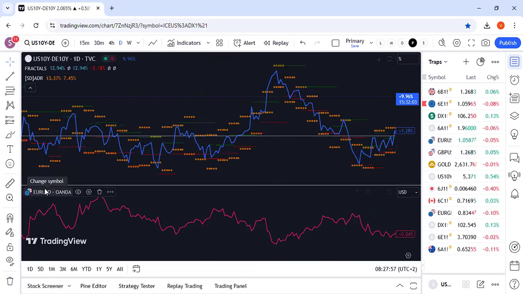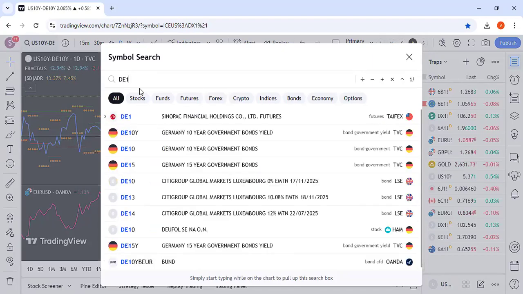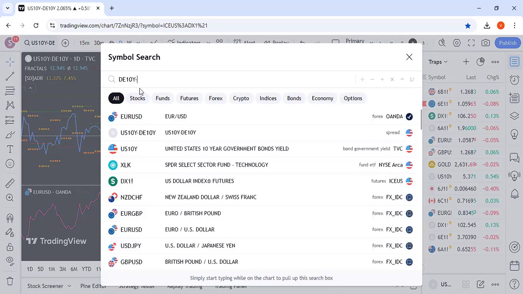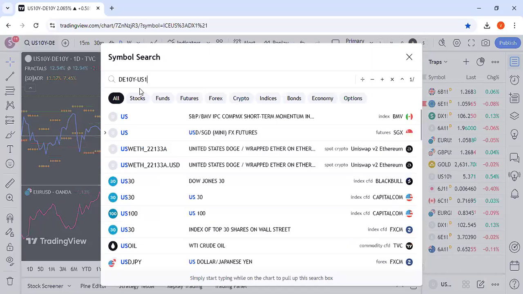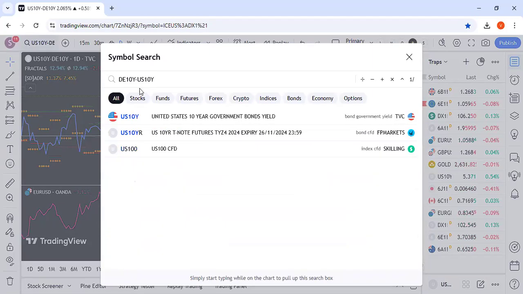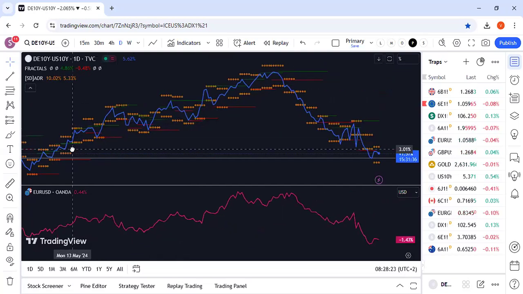Oh, should have done this. It is Euro USD, not USD Euro. So this should be the other way around. All right, so DE 10-year minus US 10-year yield. All right, so let's do a walkthrough.